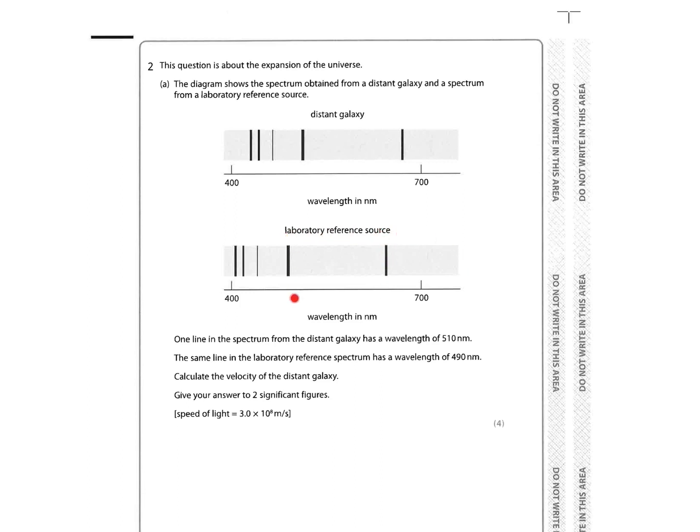We see these distinct lines in the same patterns as those from the distant galaxy to those in the laboratory frame of reference. But the difference here, of course, is that we have a shift towards a wavelength that has increased compared to the previous one. So we call this, of course, redshift, which you're all well aware of.